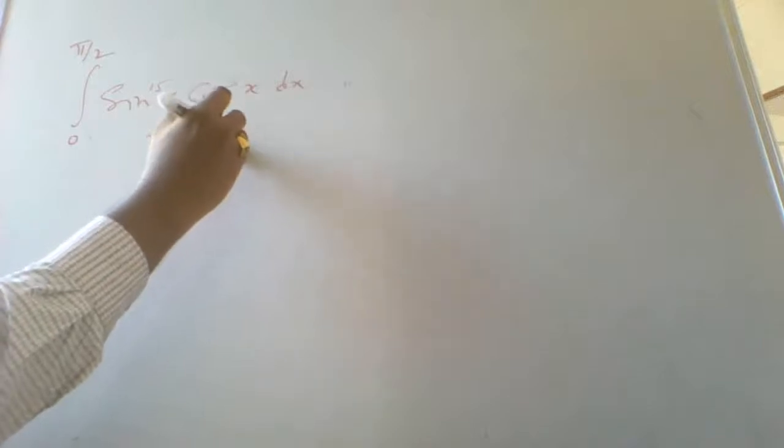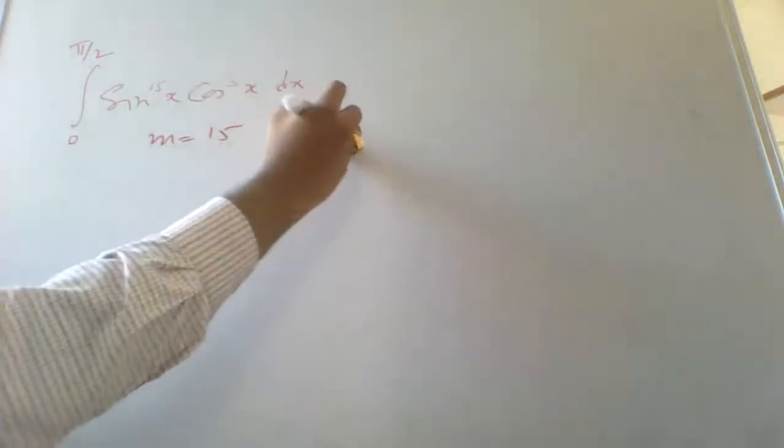Now here you find m as 15, n as 3. So m being 15, which is odd, and n also being 3, which is odd, both are odd here.